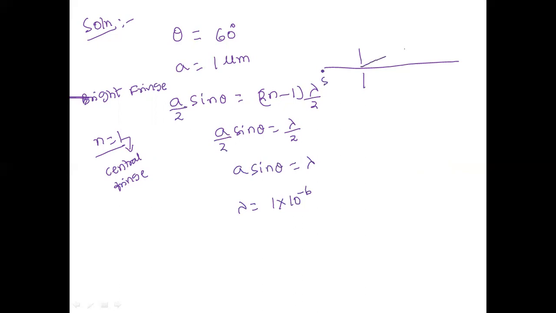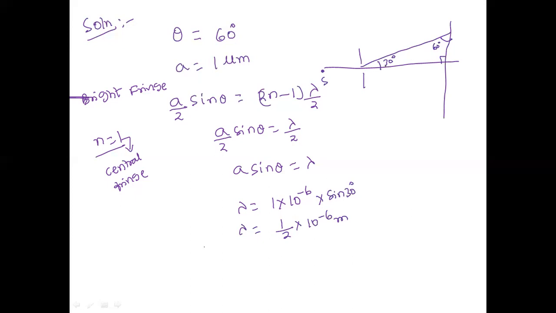This angle they gave here as 60 degrees. So here it is 90, so I can say this as 30 times sine 30. That is nothing but lambda equal to 1 by 2 into 10 power minus 6 meter.